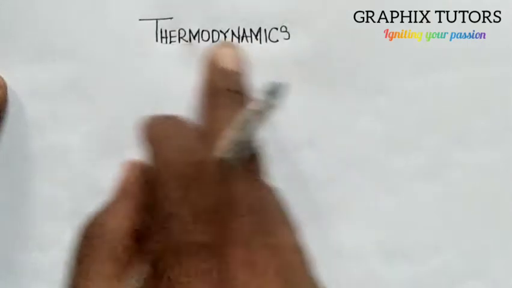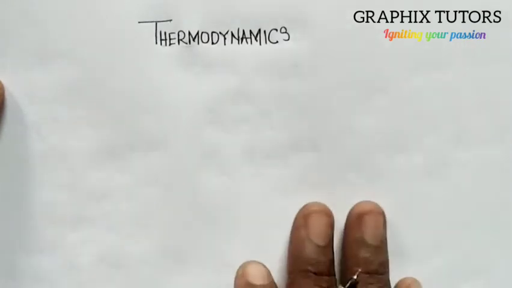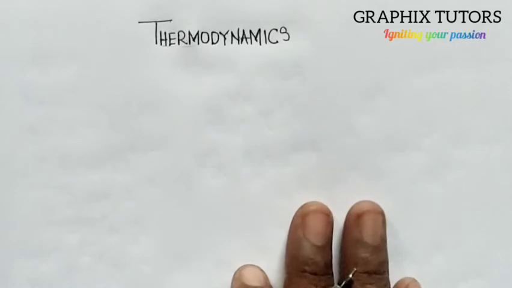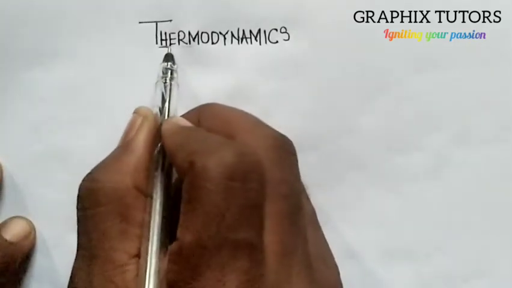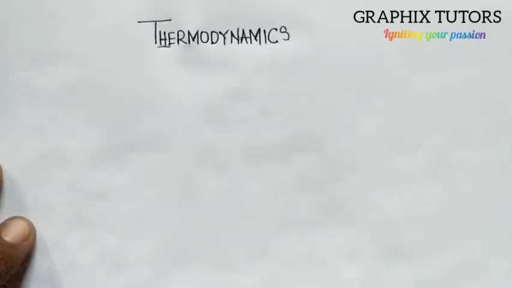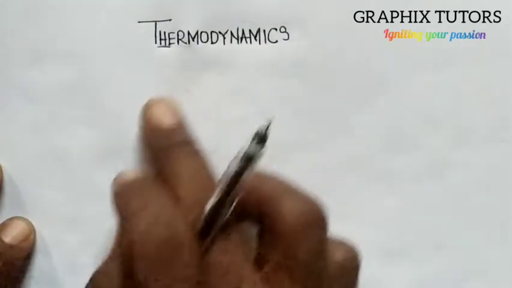So there are some things we need to be conversant with, some things we need to know, our basic understanding. I will call them the terminologies used in this topic. First of all, what is thermodynamics? We say that thermodynamics is the study of what?